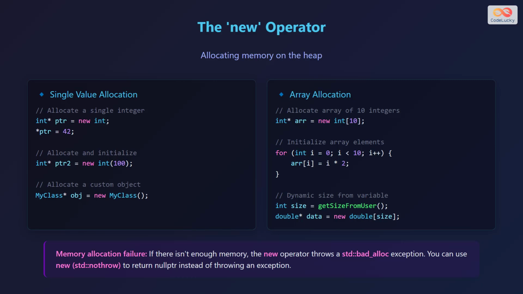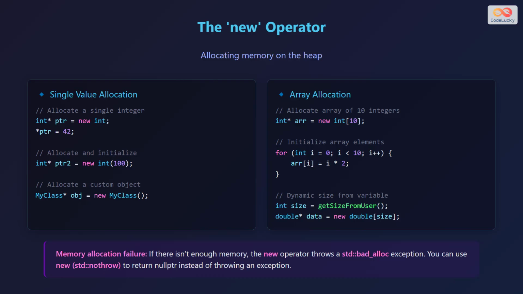In the second example, we allocate memory for a single integer and initialize it with the value 100 using new int(100). The address of this memory is stored in the pointer ptr2. In the third example, we allocate memory for a custom object of type MyClass using new MyClass. The address of this object in memory is stored in the pointer obj.